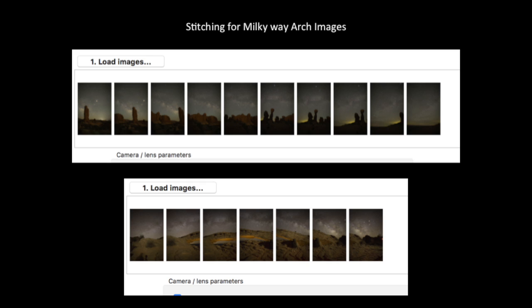The second one below shows the 7 vertical images I took, from left to right, which I stitched in PTGui to create the panorama. You can use other software as well, and even Photoshop helps with this. But I prefer PTGui because that works well with stars. If it was just daytime, I would have definitely used Photoshop as well.